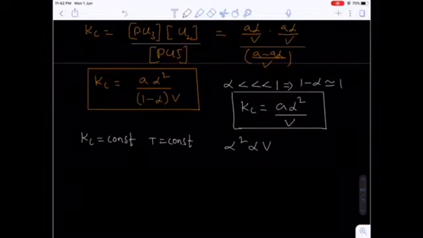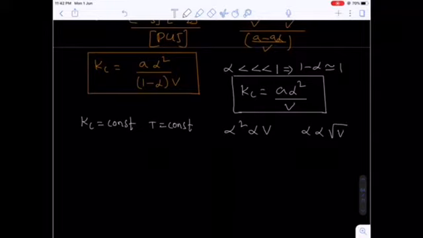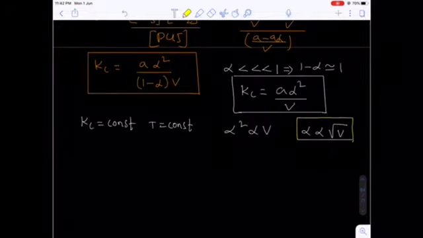Alpha square increases, V also increases, the ratio becomes what? Constant. That means alpha is directly proportional to the square root of volume. This relation is very important in the objective examination.